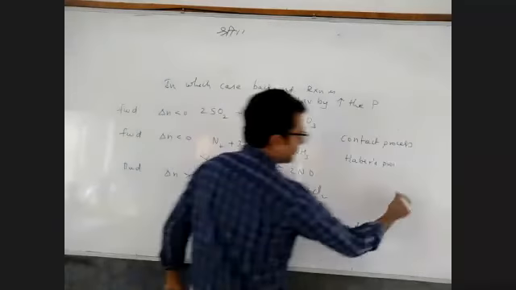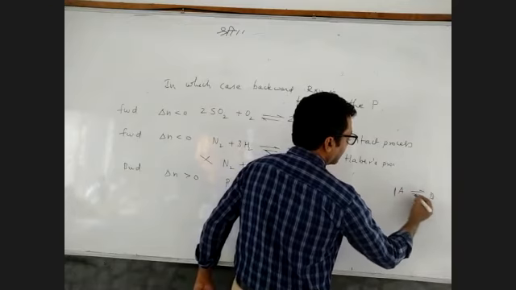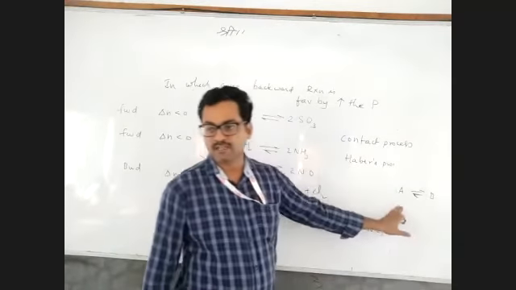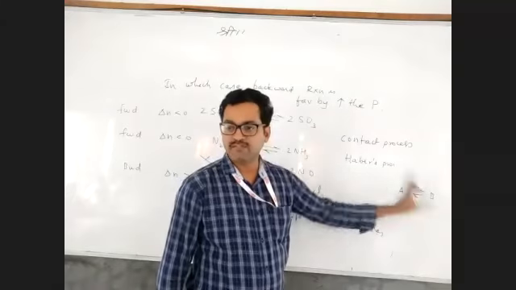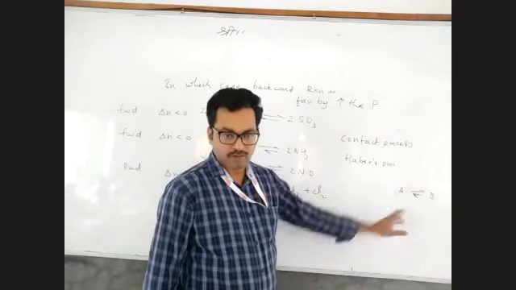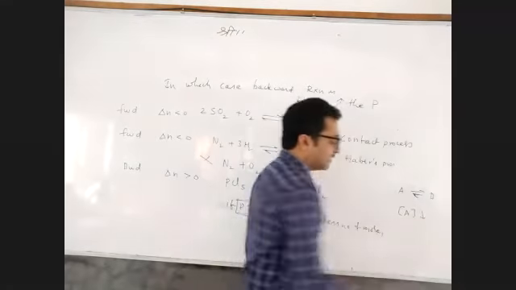So I told one equation here. Have you remembered? A to B, what is the favorable condition? A to B, what are the favorable conditions? Forward means concentration should always be decreased, then it will move forward.